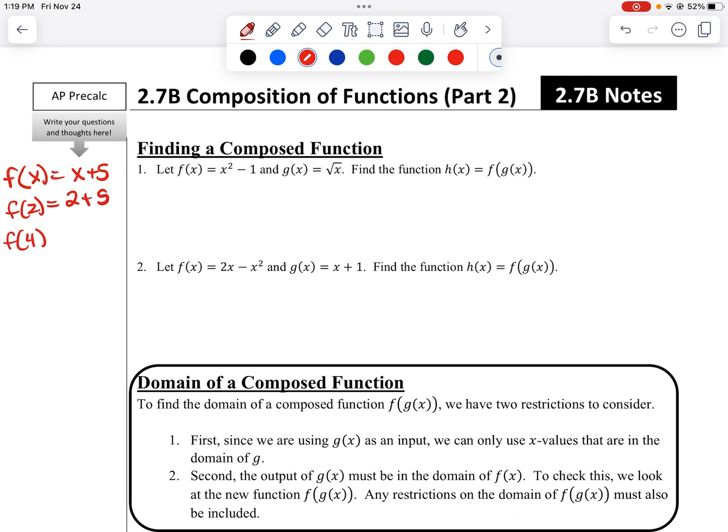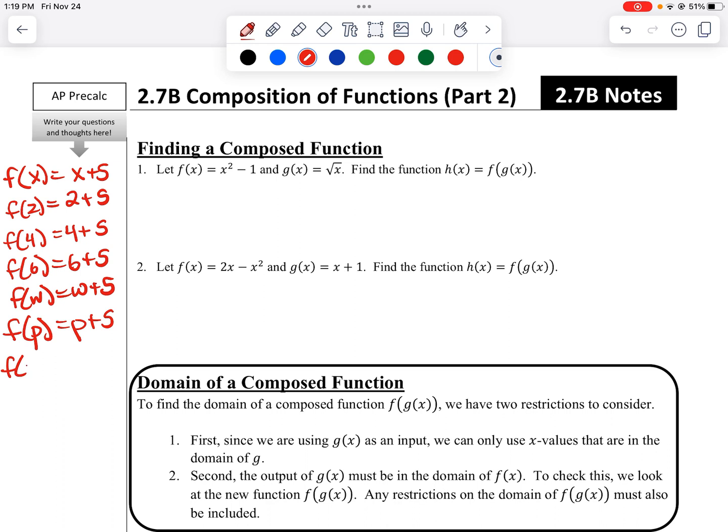F of 4 would be 4 plus 5. F of 6 would be 6 plus 5. If I had f of w, do you guys agree that would be w plus 5? If I had f of p, you'd say p plus 5.